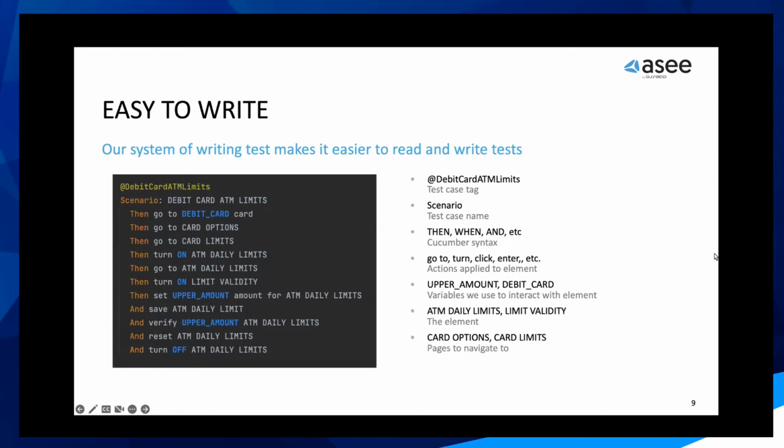So how we use that: first syntax, then action, then the variable, then the element. Sometimes we don't have the variable. For example, go to ATM daily limits, that's an element. So we don't use a variable, we go straight to the element.